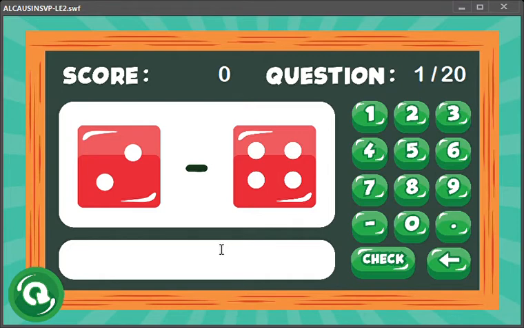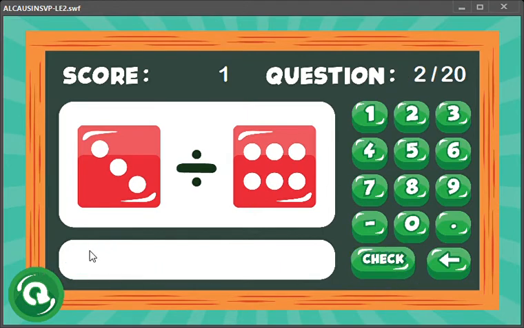So let us answer this question. 2 minus 4. 2 minus 4 is negative 2, right? Yeah, it's correct. As you can see, if your answer is correct, there's going to be a check mark there, and your score will be added by 1 because each question is equivalent to 1 point.